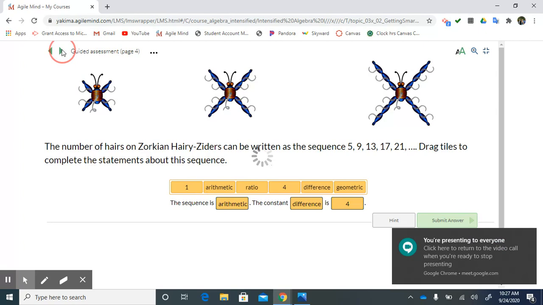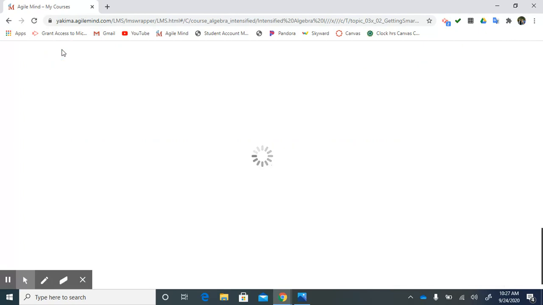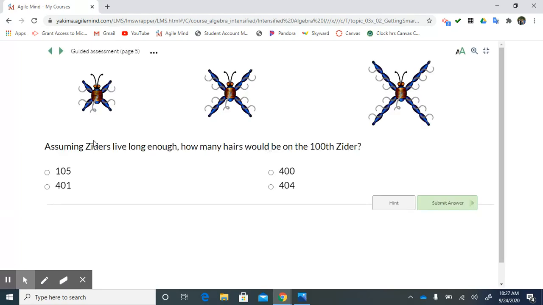All right, for number 5. Assuming Zyders live long enough, how many hairs would be on the 100th Zyder? So for number 5, we want the 100th Zyder.